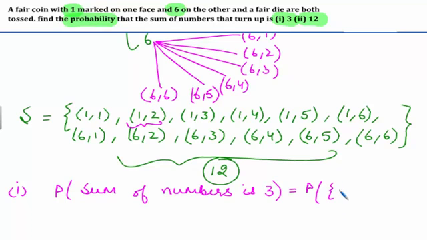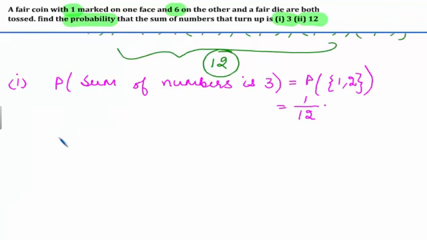So we have only one sample point. So we have 1 upon, which is the favorable outcome, such that the sum of numbers is 3, divided by the total number of possible outcomes, which are 12. Hence the required probability for the first part is 1 upon 12, that the sum of the numbers that turn up is 3. Now let us proceed on to the second part.